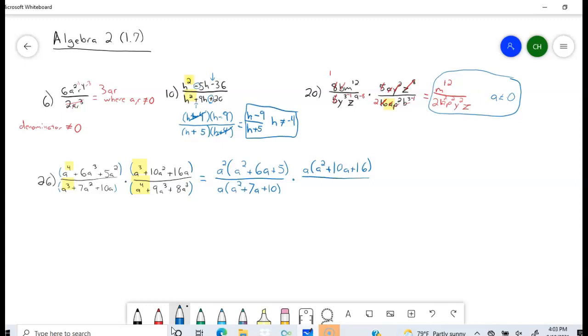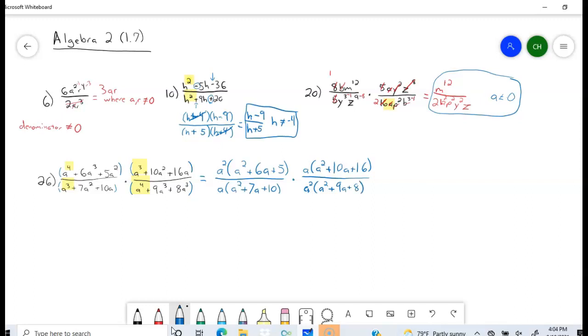And on the bottom, I have a common factor of a squared again, and I will be left with a squared plus 9a plus 8.